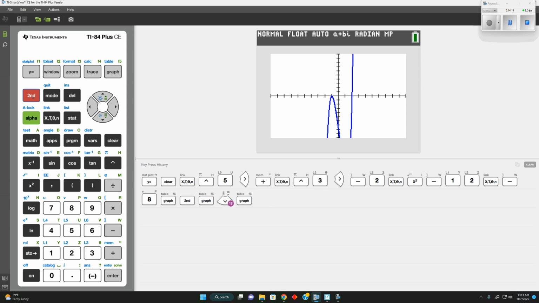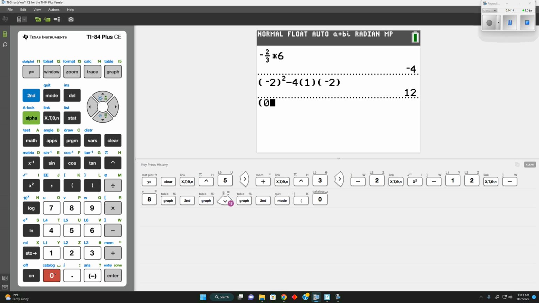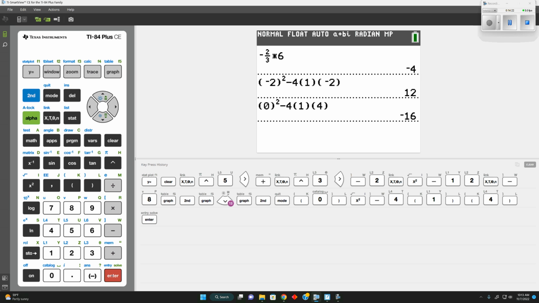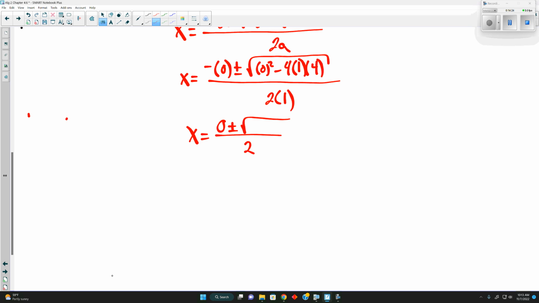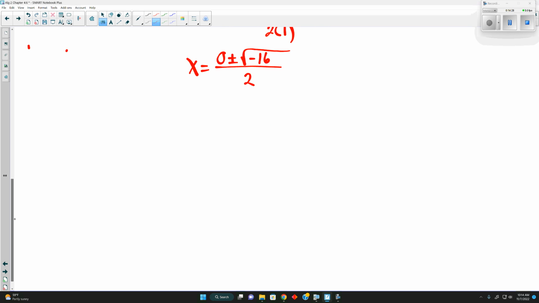So what we have here, x is equal to 0 plus or minus the square root all over 2. In the calculator we can do this because it'd be 0 squared minus 4 times 1 times 4 is negative 16. And yes, that is a little different than what we got, but it'll still work out because we have 0 plus or minus. And negative is going to come out as i. Square root of 16 is 4.